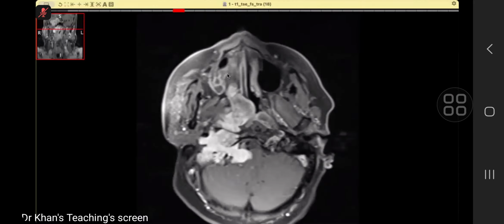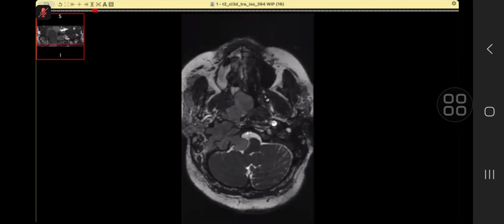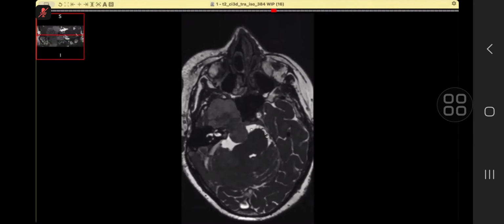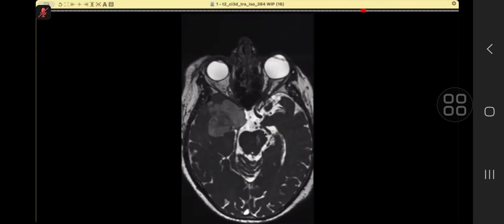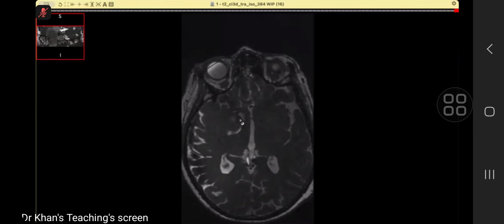behaves on post contrast. But I would like to show you a bit of anatomy on this CISS sequence, and you can see even on this CISS sequence how it is going all the way superiorly, extending all the way here, right?